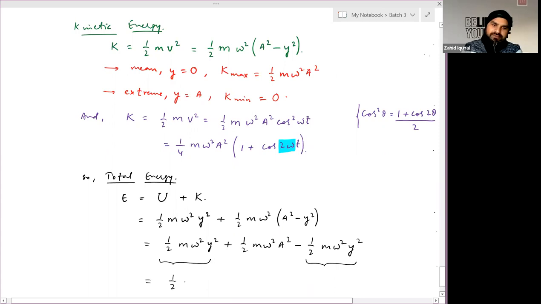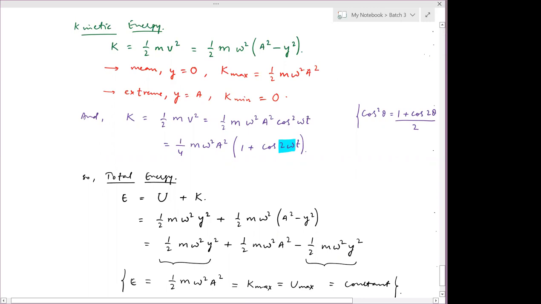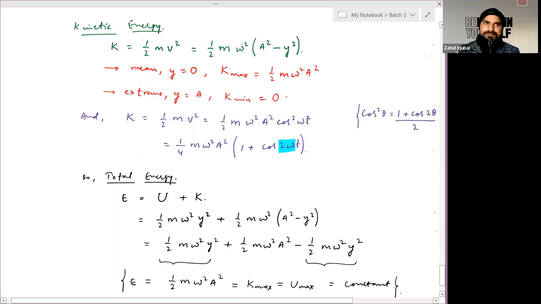You're left with half m omega squared a squared. This is nothing but the maximum kinetic energy or maximum potential energy, and it is always constant. Abhinav, any doubt? No, sir. Okay, just write it down.